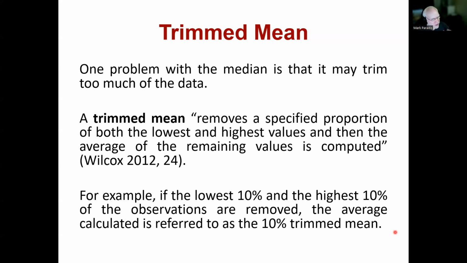So it's using a lot more of the data, particularly the 10% mean, but even the 20% trimmed mean is using a lot more of the data than the median. It's still using less data than the mean. It's more sensitive to outliers than the median.